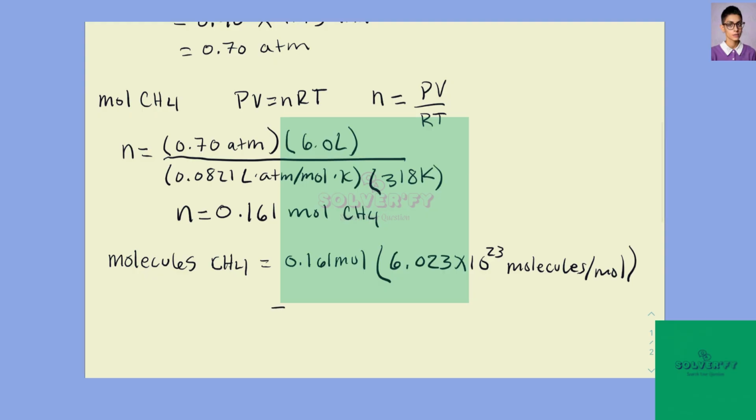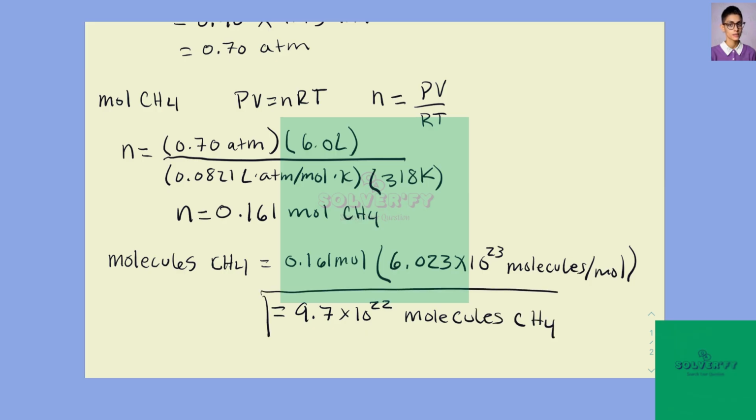So when we calculate this out, our molecules of methane is going to be 9.7 times 10 to the 22nd molecules of our methane. All right, and this is how we solve this problem.